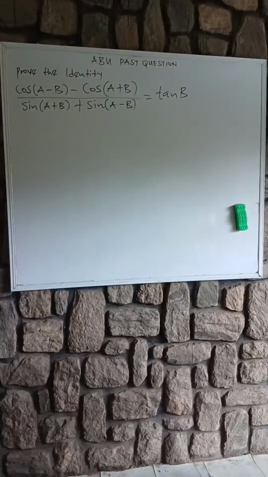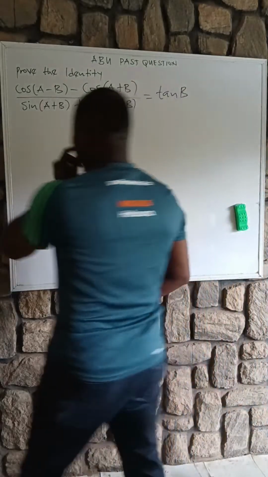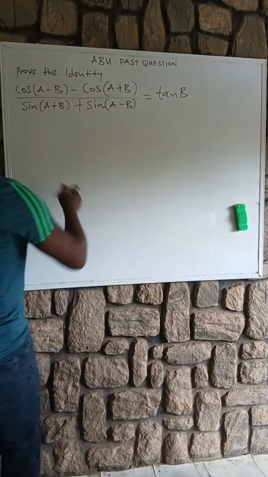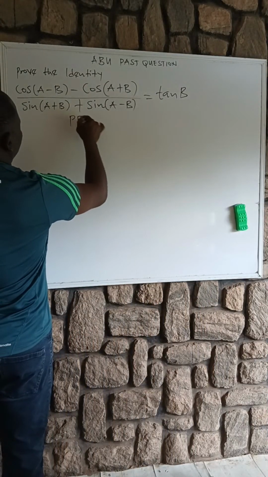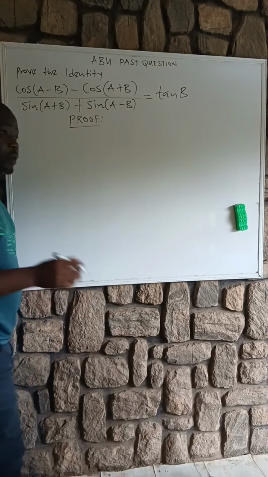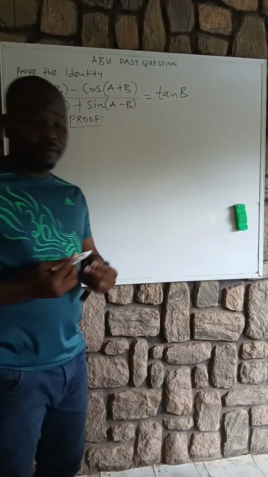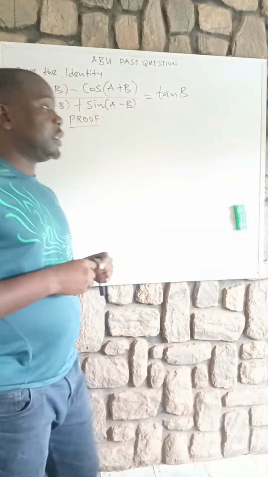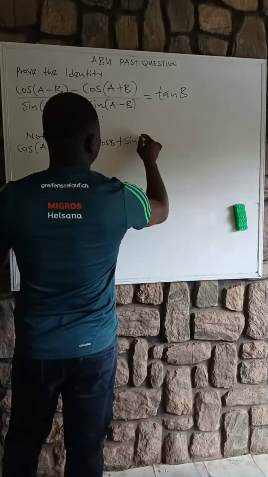These are three identities. So let us look at it together. It's not difficult. So at first, what you should do, these are past questions that I am solving for those who are preparing for exam at ABU.